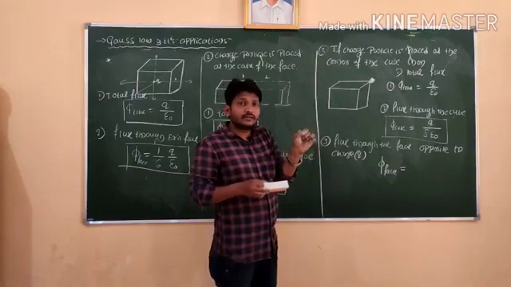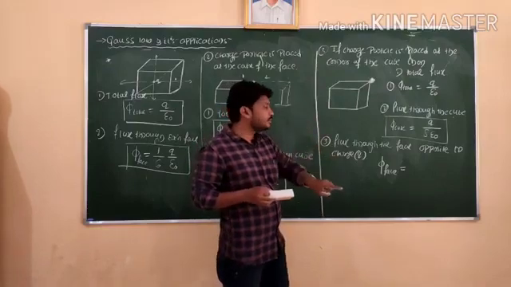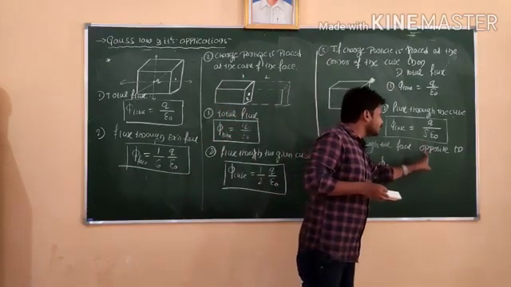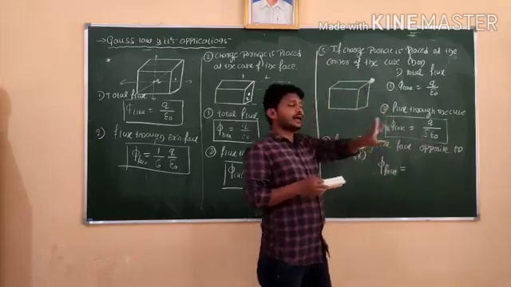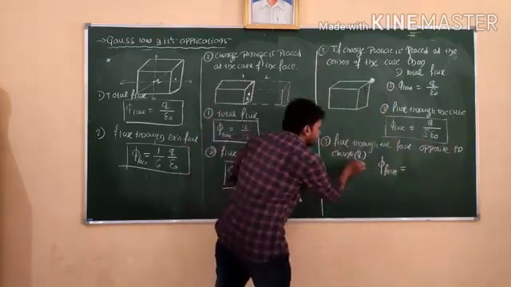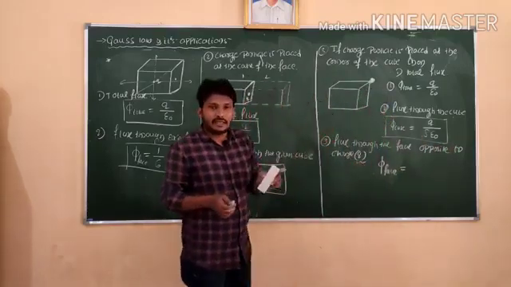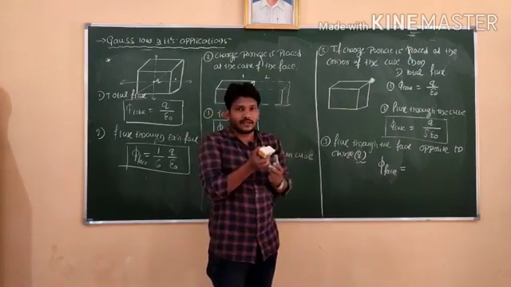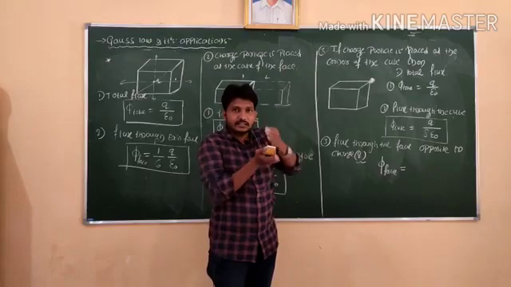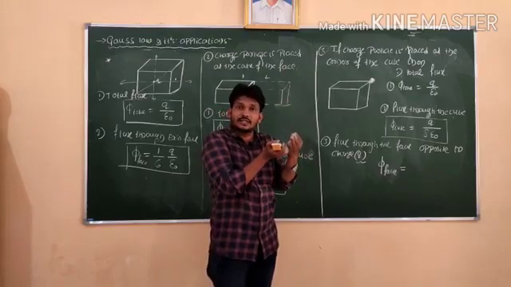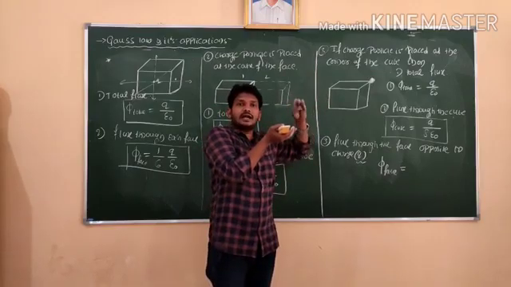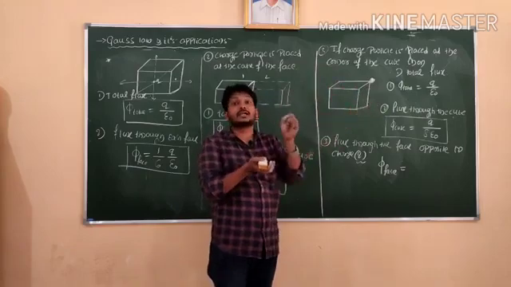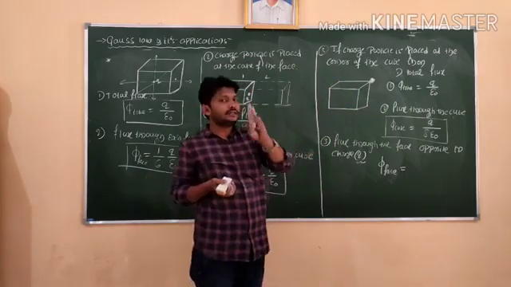In which manner am I choosing the faces? Those faces opposite to the charge. Out of 6 faces, 3 are exposed, and the remaining 3 are attached to the neighboring cubes. So I will consider only 3 faces here.